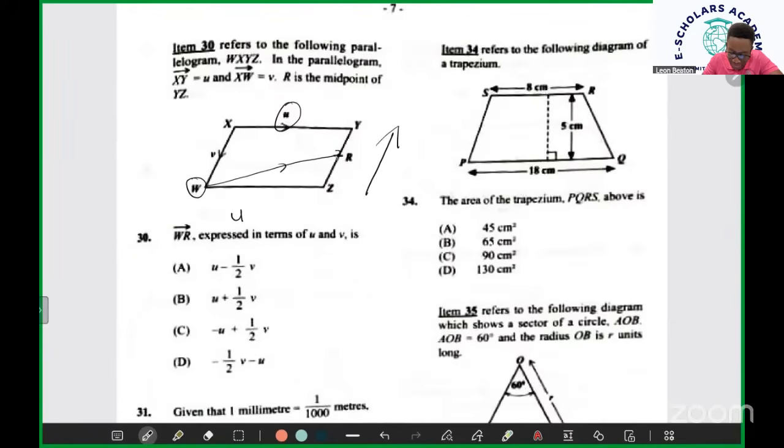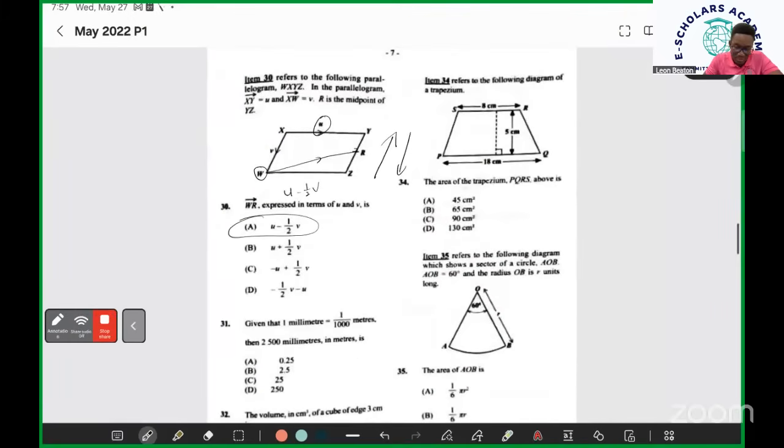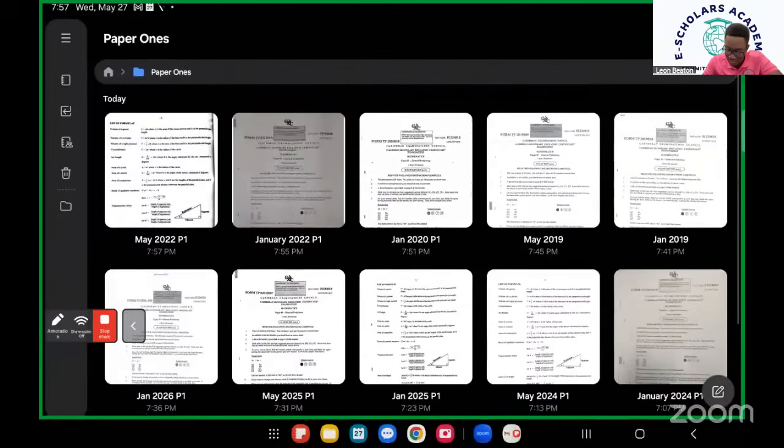So this has to be a negative half V, so minus half V, because we're going in the opposite direction. So U minus half V, which is A. All right, next one. I'll be rolling.